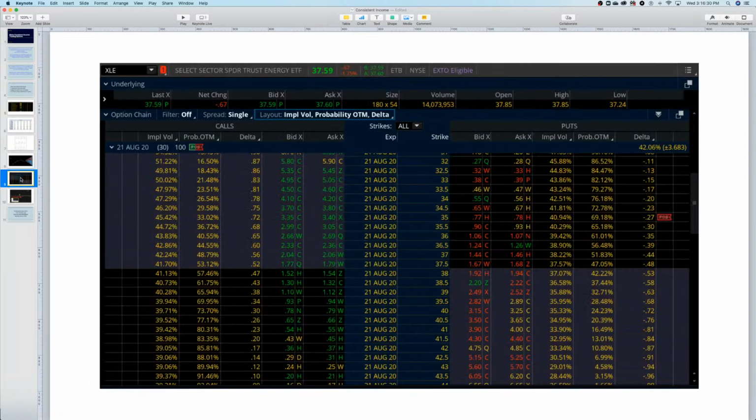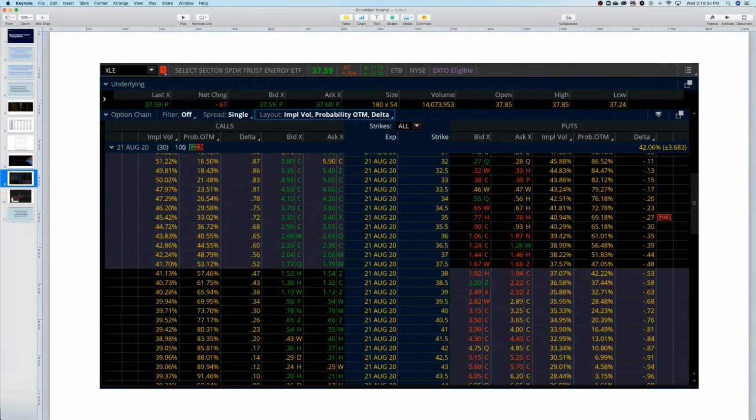Now, you can see this on your platform. This is ThinkorSwim. Each one of these rows represents a contract in the ETF XLE, the energy ETF. It gives you all the different strikes, the prices that you could buy these options at.